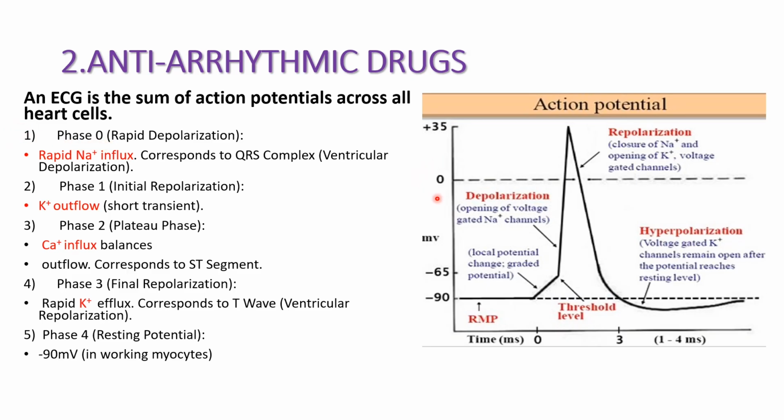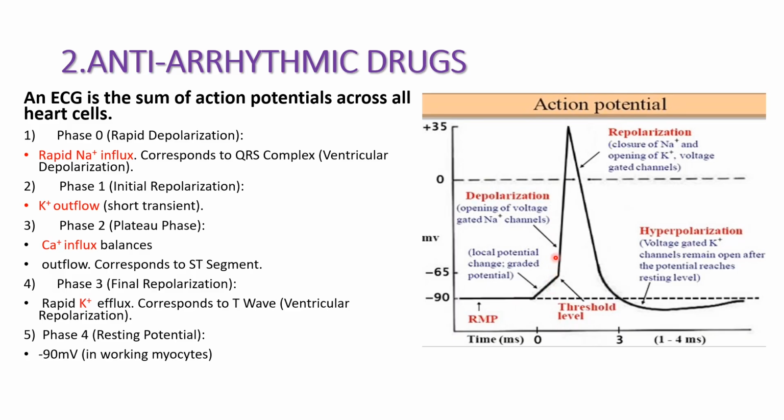Rapid means fast, and it generally involves the opening of voltage gated sodium channels, mainly the influx of sodium ions, and it corresponds to the QRS complex, or ventricular depolarization.